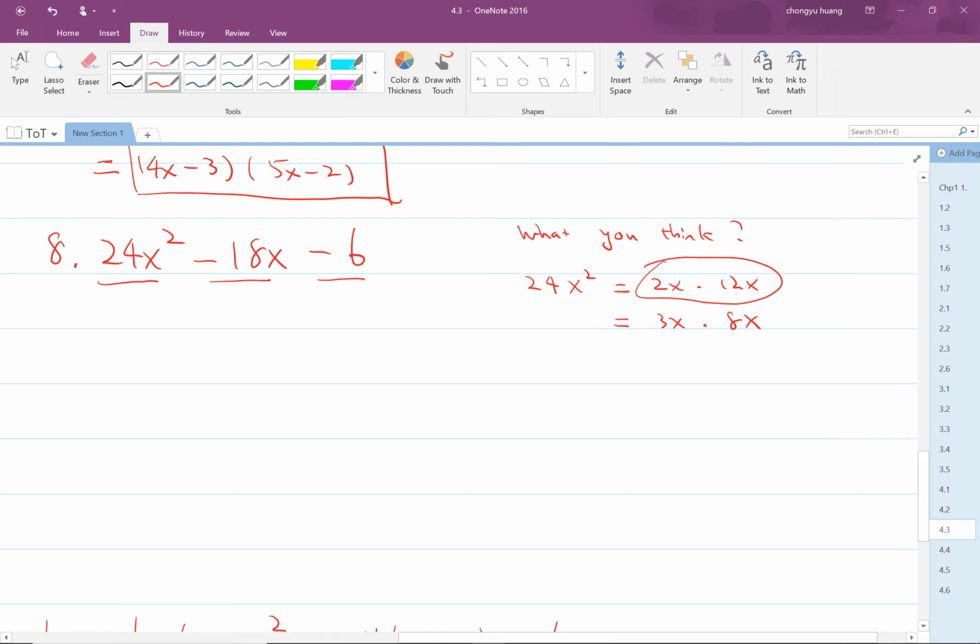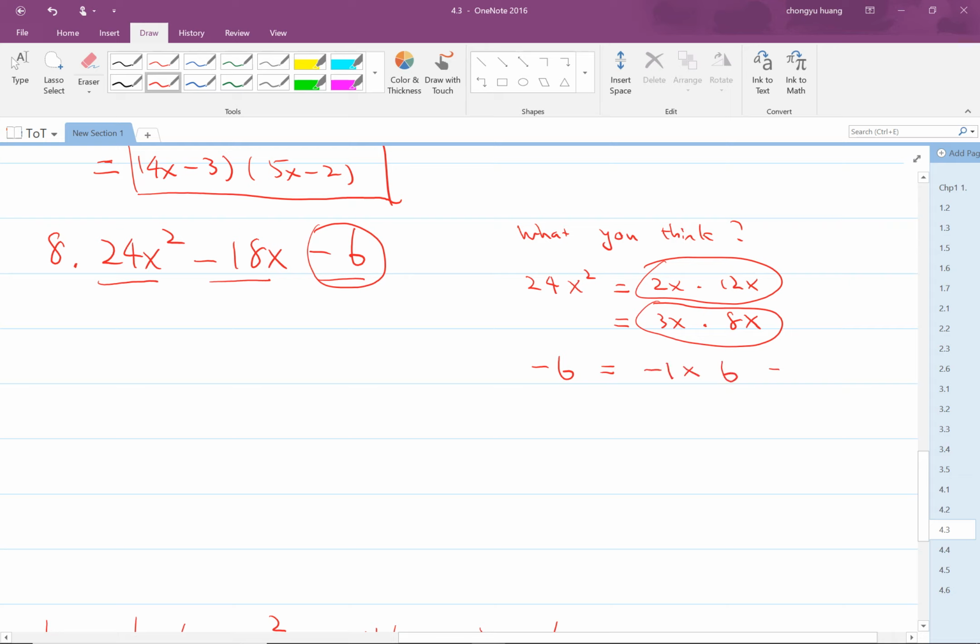Between those two you have to make a choice, right? And you can see over here we have a -6. For -6 we also have some choices. -6 can be -1 multiplied by 6.